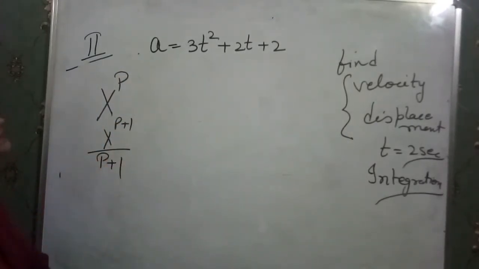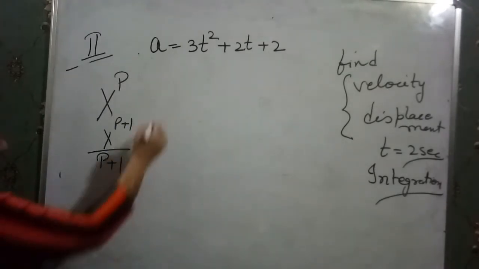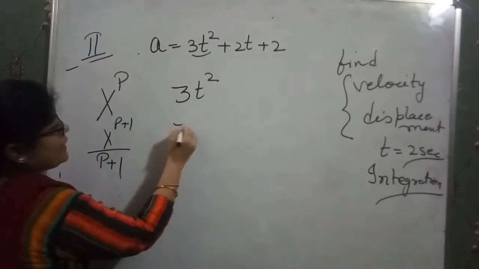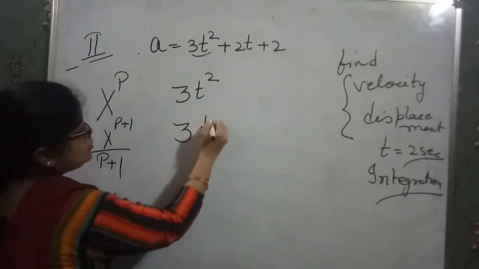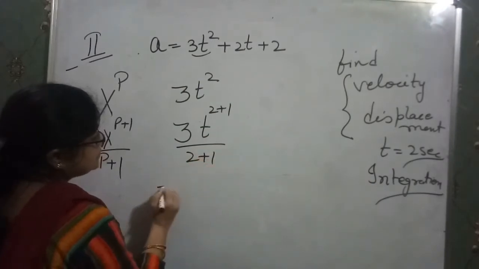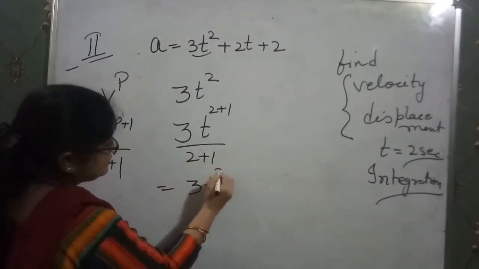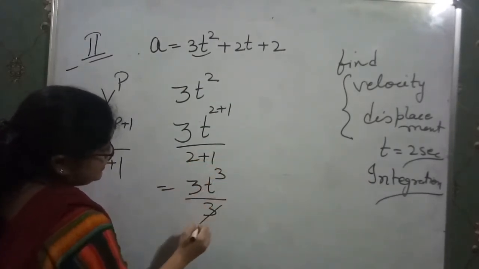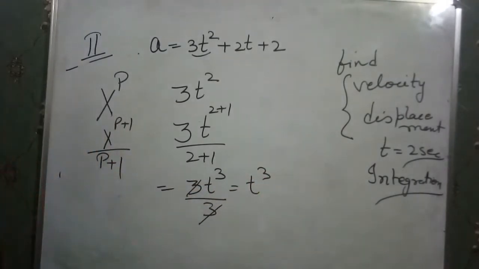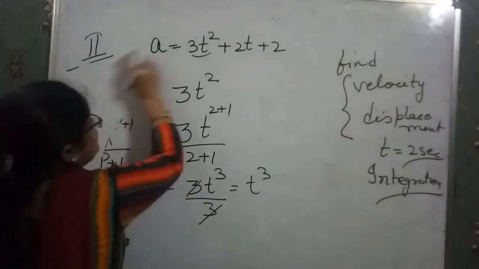We use what? Integration. And the formula for integration is x to the power p plus 1 over p plus 1. Clear? For example, we have 3t square. How will we integrate it? We write 3 as it is, t to the power 2 plus 1 over 2 plus 1. So we have 3 t to the power 3 over 3. This 3 gets cancelled and we are left with t cube. This way we do the integration. Now I am doing the whole equation.